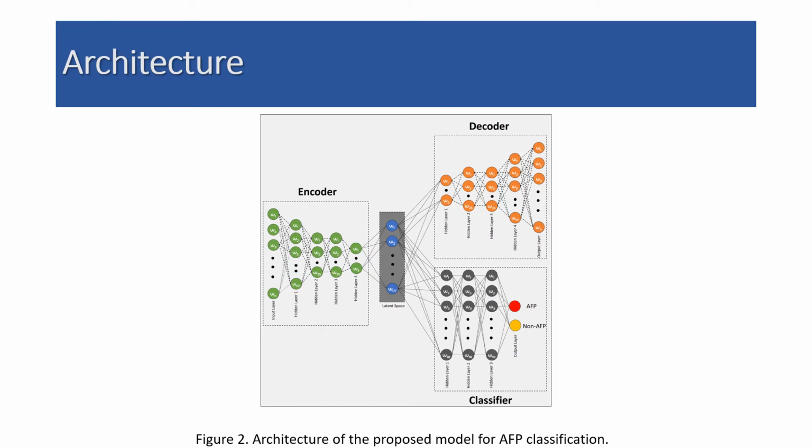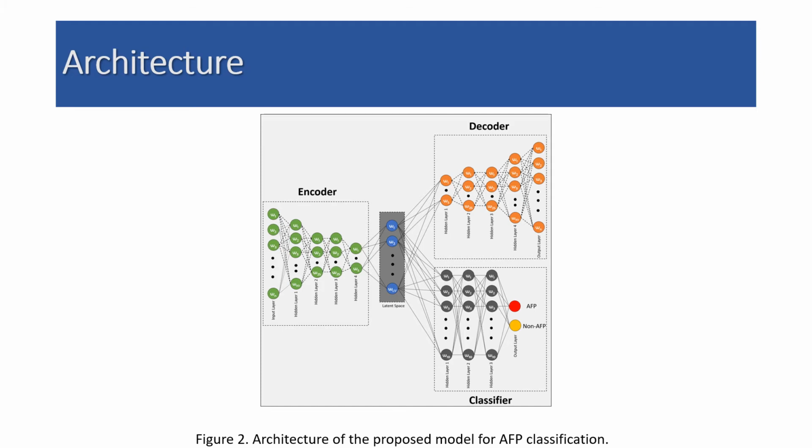This is the design of the novel autoencoder-based classification model for the prediction of AFP. The model is a combination of an autoencoder and a classifier. As described earlier, through the simultaneous training of autoencoder and classifier, a noise-free latent space is learned, which has the least redundant and most relevant attributes of the input data.